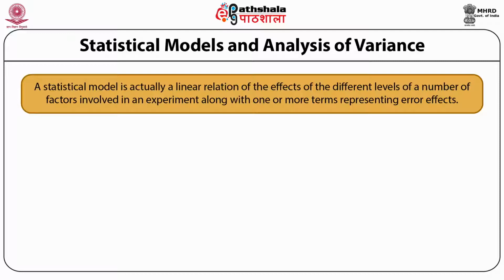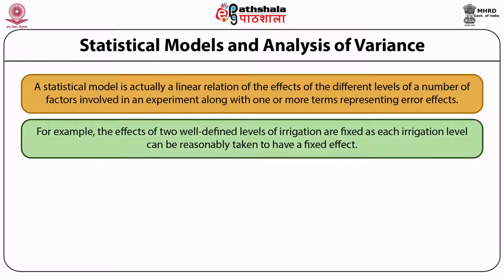The effects of any factor can be either fixed or random. For example, the effects of two well-defined levels of irrigation are fixed, as each irrigation level can be reasonably taken to have a fixed effect.